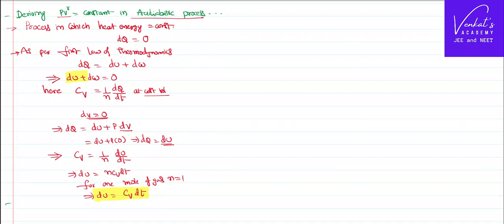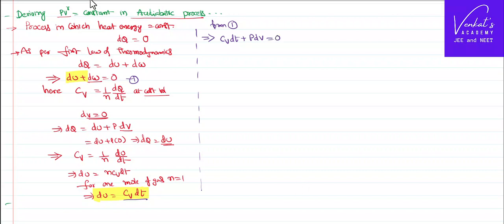Let me also find out what dW is. From equation number 1, in the place of dU we can write Cv dT, and dW means I can write PdV, where P is pressure and dV is the change in the volume, as work can be written as PdV. That is equal to 0.